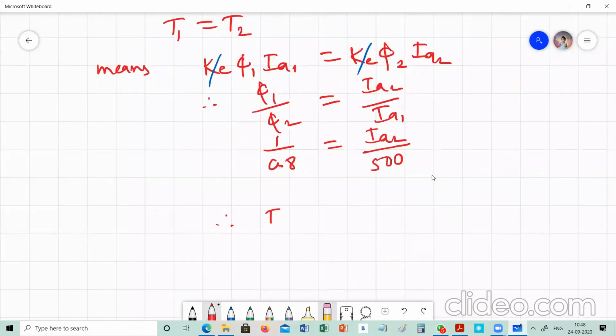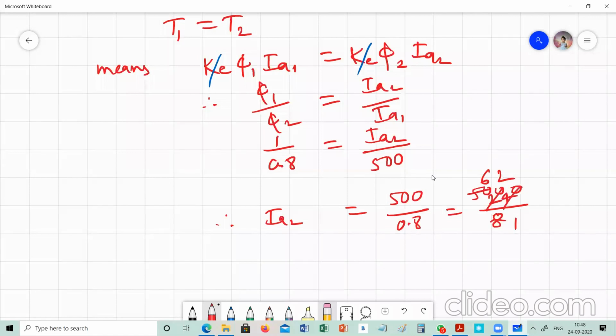Therefore, IA2 is equal to 500 divided by 0.8, equal to 5000 divided by 8, which is IA2 equal to 625 ampere. So we have the value of omega m2 and IA2.